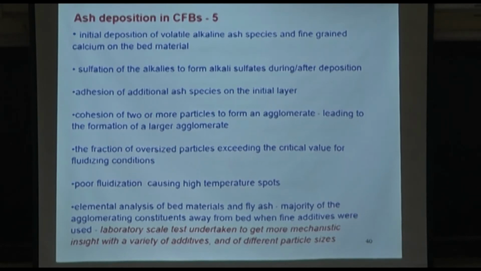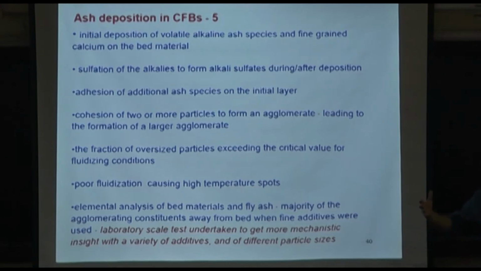So eventually we postulated what the reason was. The reason was simply that in the absence of the additive, when it was failing around the 30 hour mark, volatile sticky compounds were forming onto the bed materials, which should remain fluidized, but they could not remain fluidized because they were becoming bonded to one another.